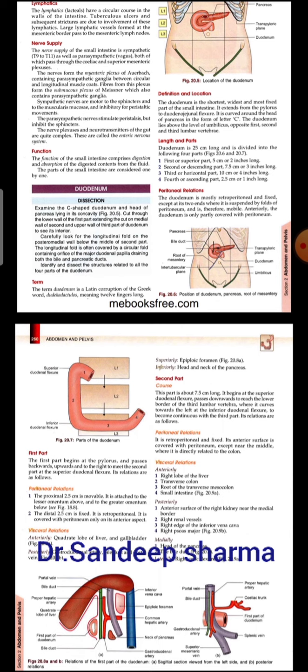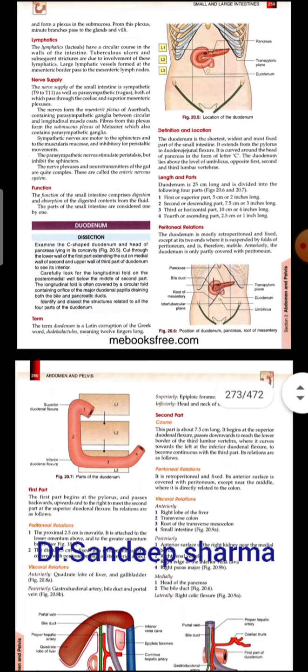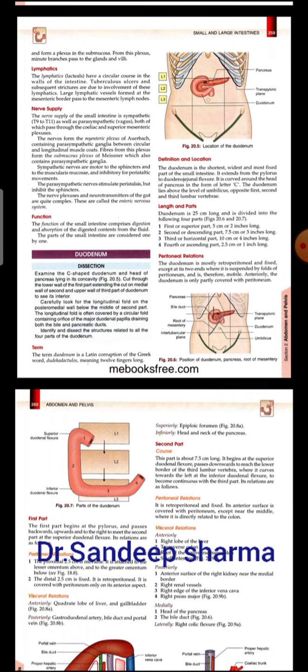The term duodenum is a Latin word derived from duodecim digitorum, meaning 12 fingers. So the measurement of the duodenum as per Greek is 12 fingers long, and in that terminology it has been called duodenum.